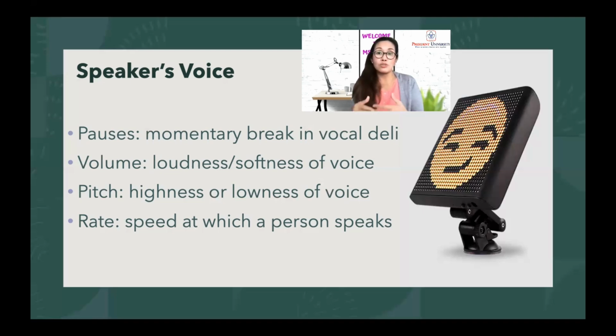Make sure that you don't shout or scream when you speak. And then rate is related to the speed at which somebody speaks. Make sure that you speak in such a way that it is going to be understood by the audience, but also not make them fall asleep.